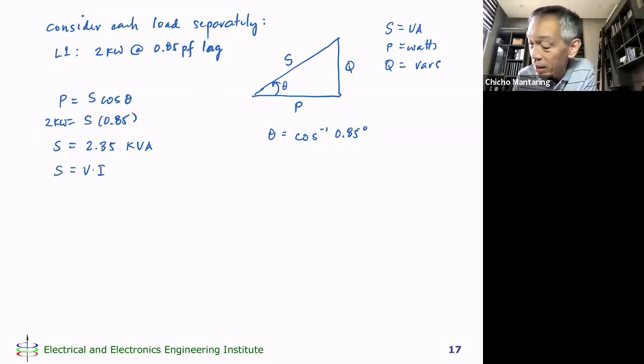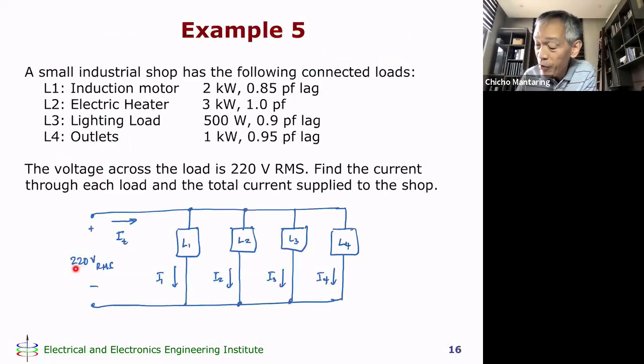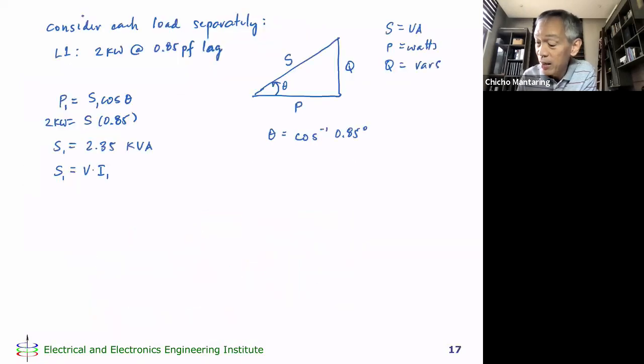By the way, let's call this P1. P1 is equal to S1 cosine theta 1. So S1 is equal to 2.35 kVA. So S1 is equal to V times I1. But V is 220 volts. So right away, I can compute for I1. I1 is 2.35 kVA all over 220 volts.